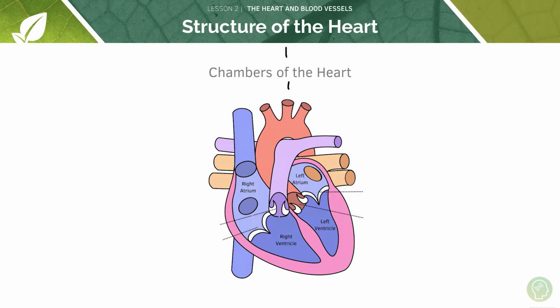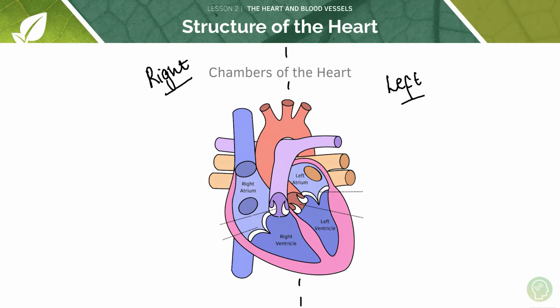So if I just divide this up into right and left, this is the patient's right side, and this is the patient's left side. Basically everything is reversed. Because you're looking at the person face on, you're looking at the heart face on, their right is your left, and equally your right is their left. So that's how that works.